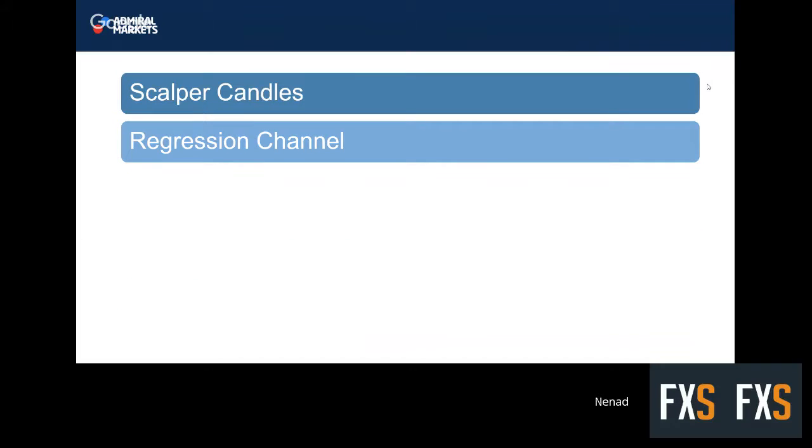Next indicator is the regression channel. Regression channel is usually subject to so-called repainting, but if you put it on a certain setting that I will show you later, you can definitely remove that repainting option from a regression channel.